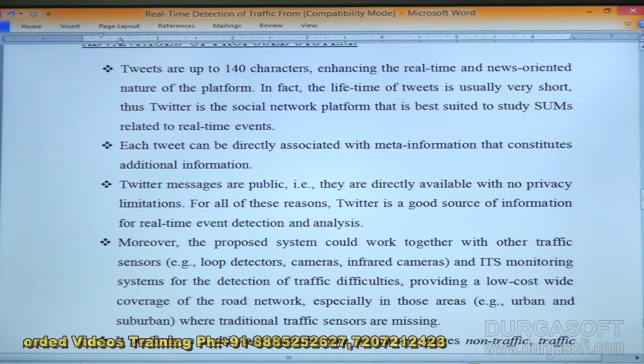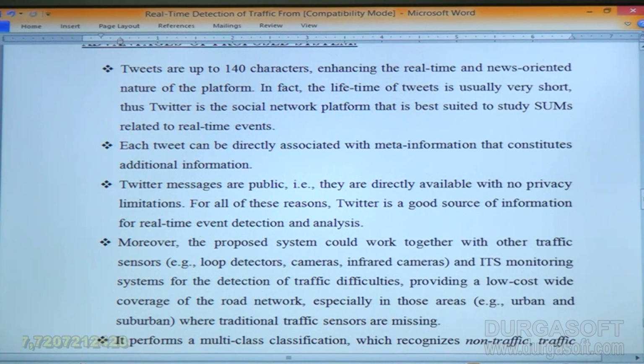And Twitter messages are public, so anyone can check them out. They are directly available with no privacy limitations. For all of these reasons, Twitter is a good source of information for real-time event detection and analysis. If you want to perform analysis on top of real-time data, we can easily use the Twitter dataset. Why?